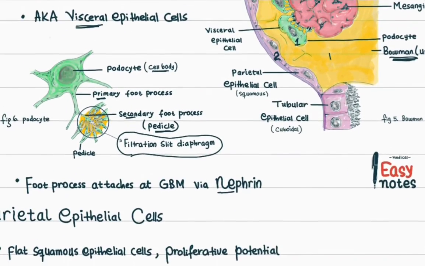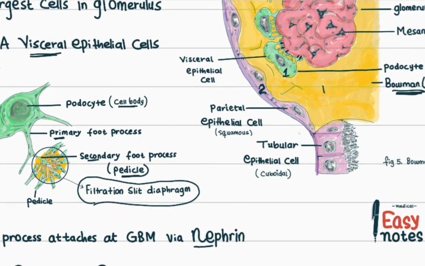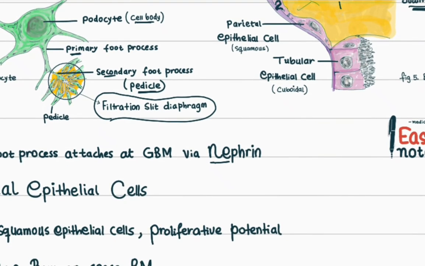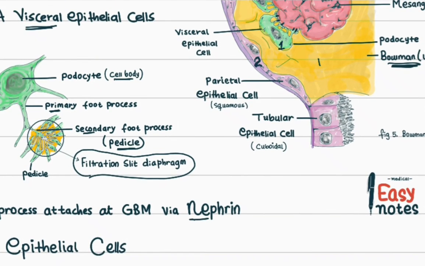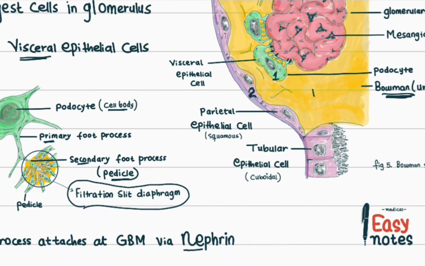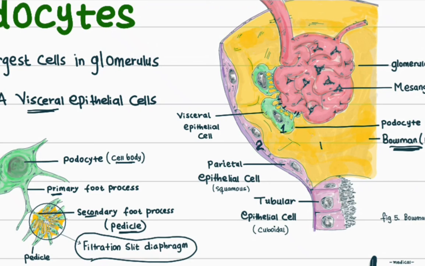The parietal epithelial cells are flat, squamoid, containing an oval to round centrally located nucleus, and they have a pale eosinophilic staining cytoplasm. One of the main functions of the parietal cells is, one, they prevent the ultrafiltrate of the plasma from leaking into the surrounding periglomerular tissue, so they act like a barrier.